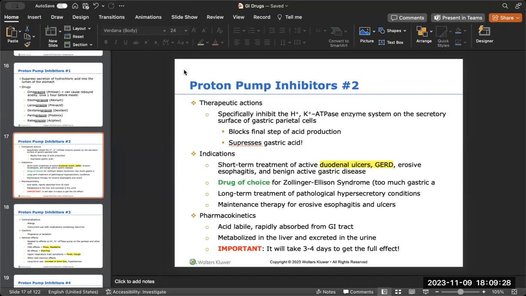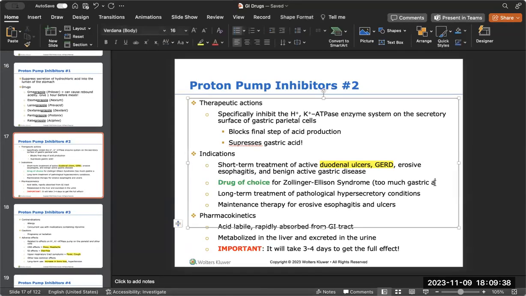Now, this drug class is the drug of choice for that Zollinger-Ellison syndrome that I was telling you about before, when you have too much gastric acid in the stomach. That's why we give these proton pump inhibitors, because they suppress the gastric acid. So it is a drug of choice for this, whereas those histamine blockers are the drug of choice for short-term duodenal ulcers or gastric ulcers, okay?